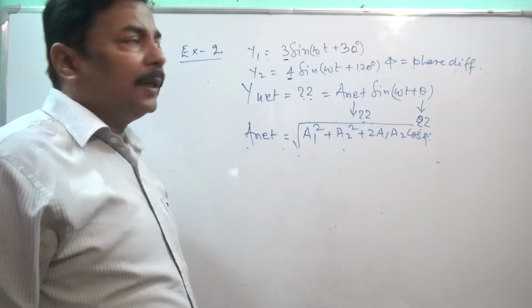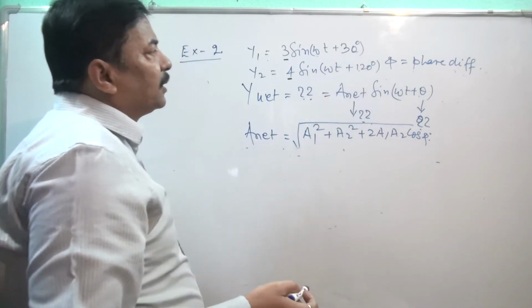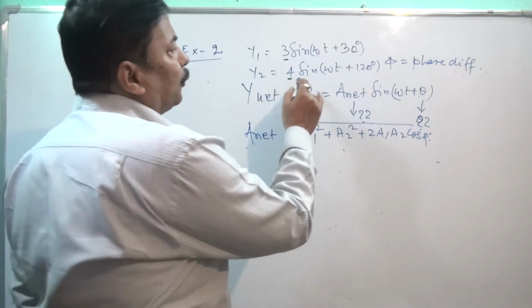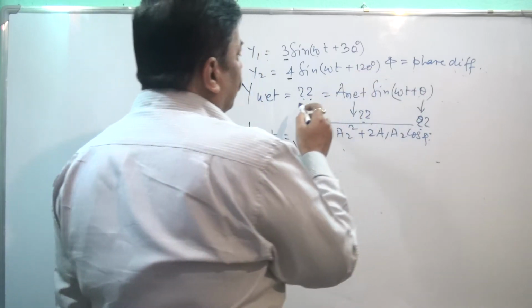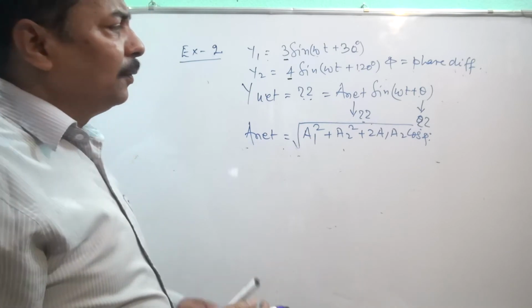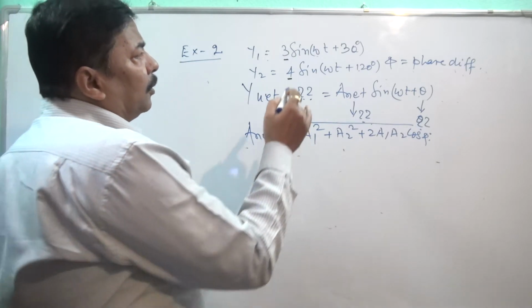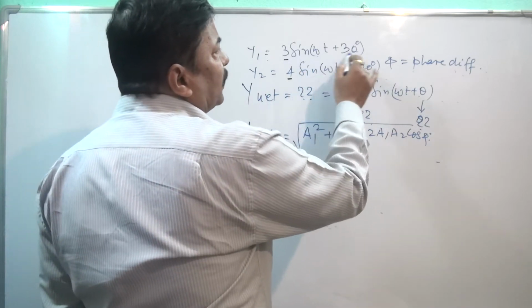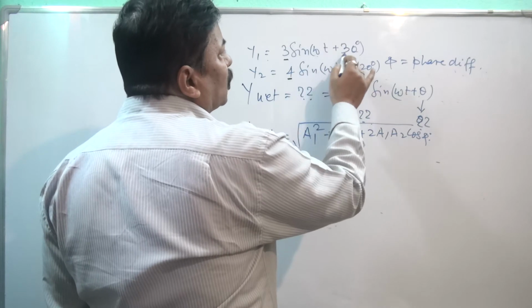Now let us attempt the second question. Y1 is equal to 3 sine omega t plus 30 and y2 is equal to 4 sine omega t plus 120 degree, and you have to find the y net. In this we have to apply the same concept. Here are the phases.